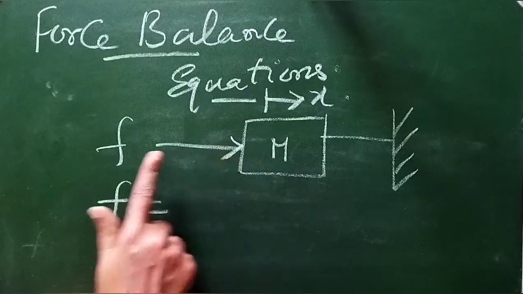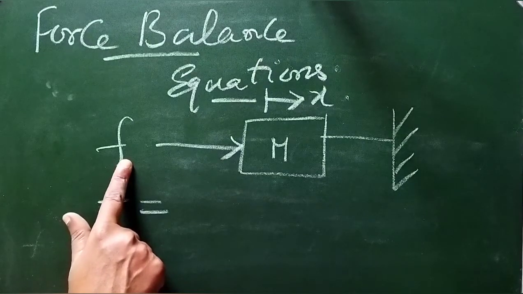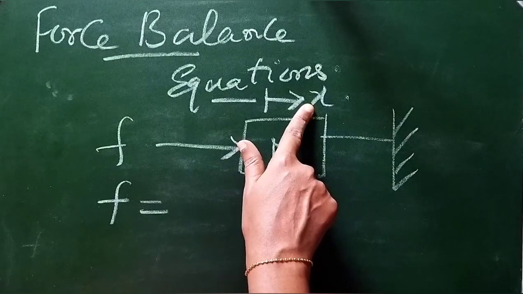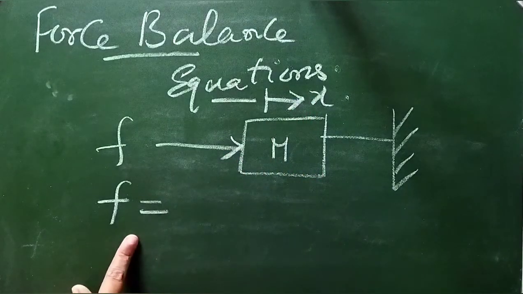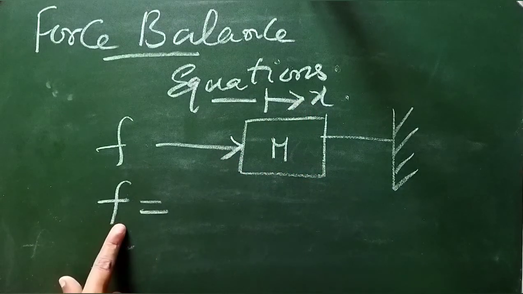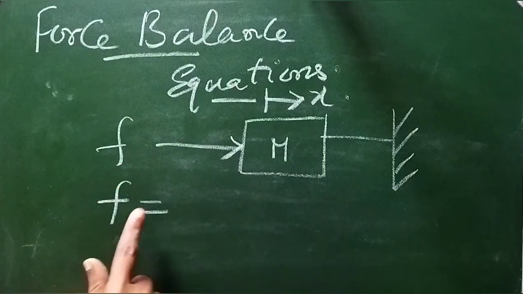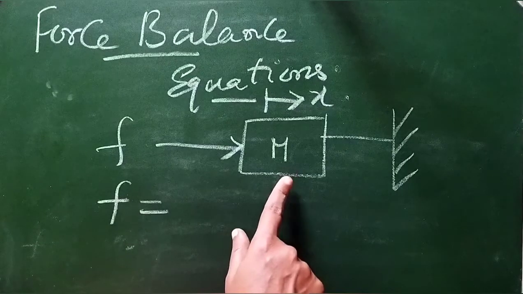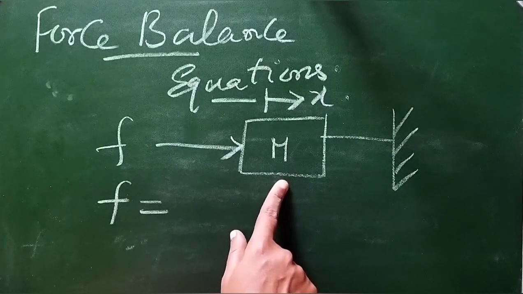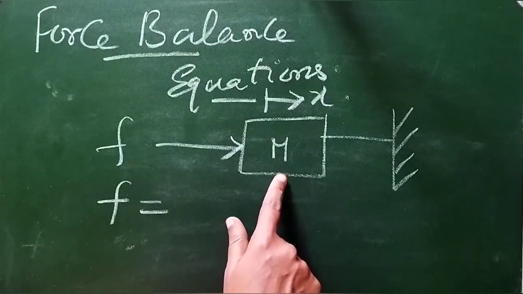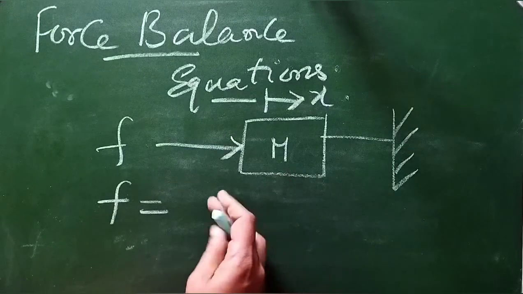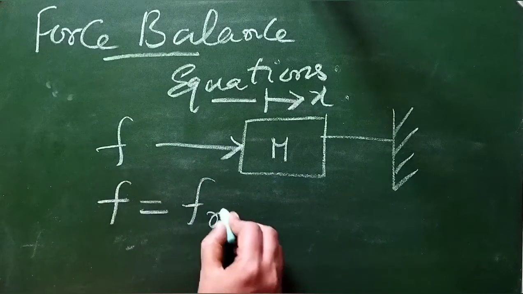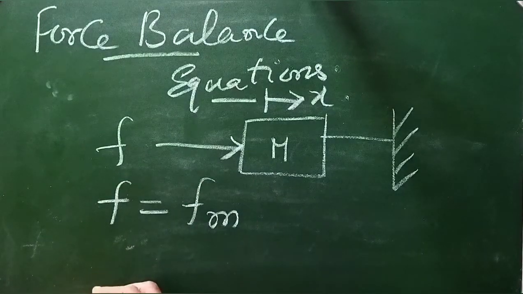Now on this, we have an applied force, say F. Then you have a displacement x, say here. Okay. Now already we have a condition called applied force, say F is equal to opposing force. Here you have only opposing element, that is only the mass here. So definitely you have only the force due to this mass here, that is acting in opposition with the applied force. So F equal to Fm.